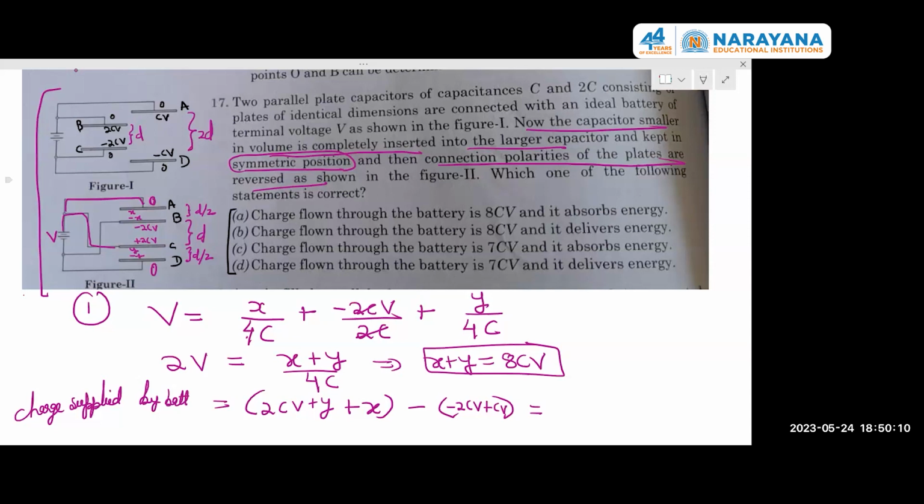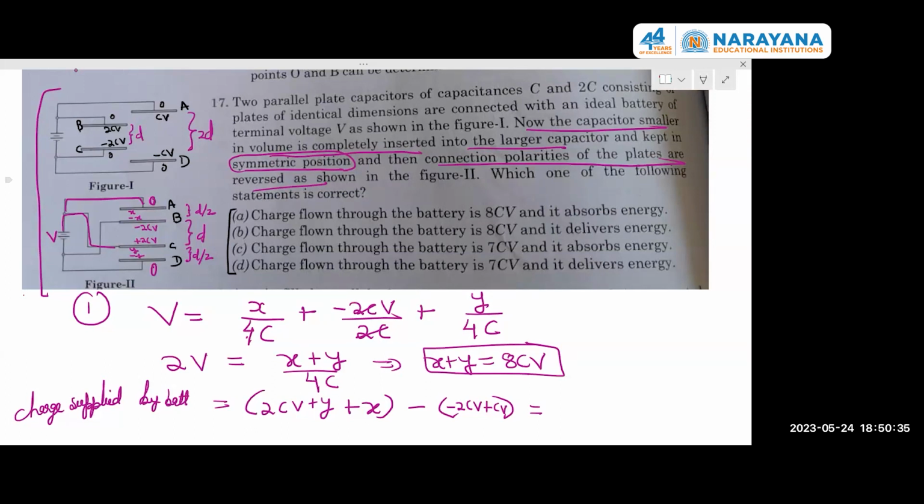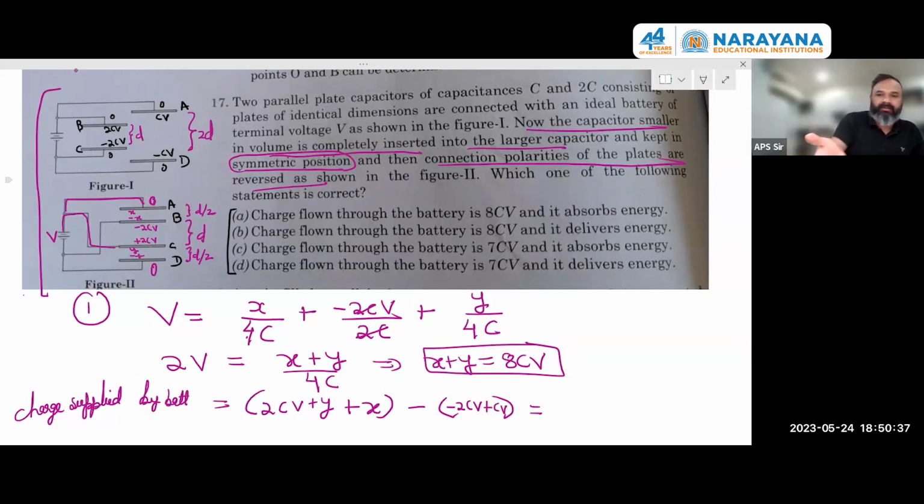If initially I've charged the capacitors and I remove the battery here itself, there won't be any changes in the total charges. Now, in the second step, I can do these two things simultaneously, bringing them inside along with connection to a new battery. These two steps can be done together. And that will yield a final state.